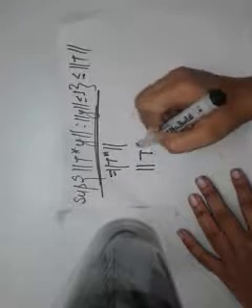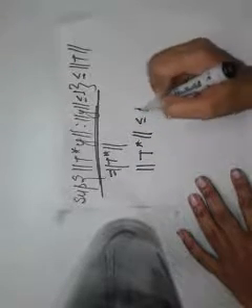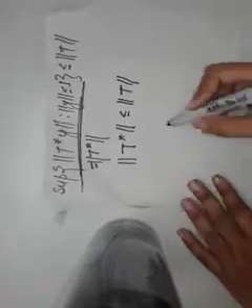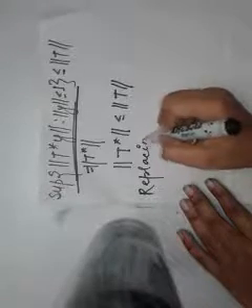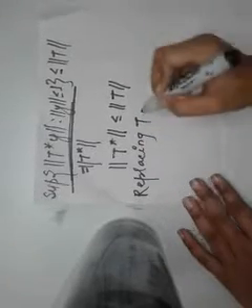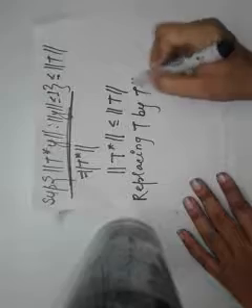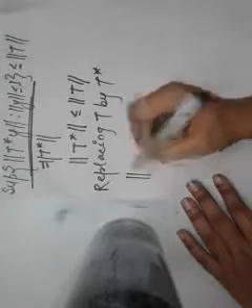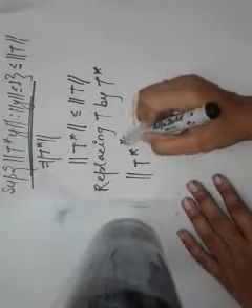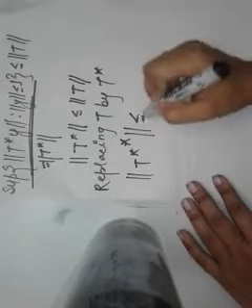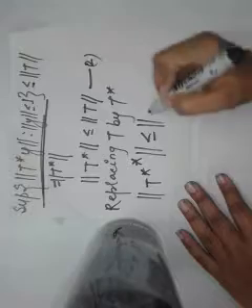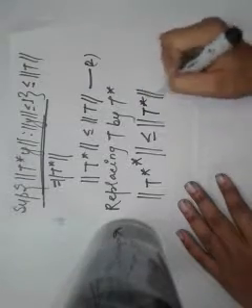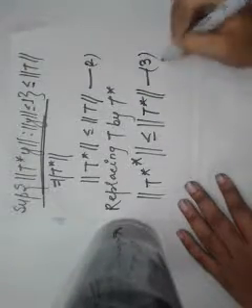Now norm of T star is lesser or equal to norm T. Now replacing T by T star, we get norm of T star star is lesser or equal to, let this be equation 2, norm T star. This will be equation 3.